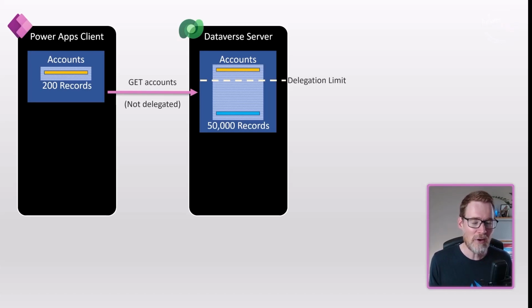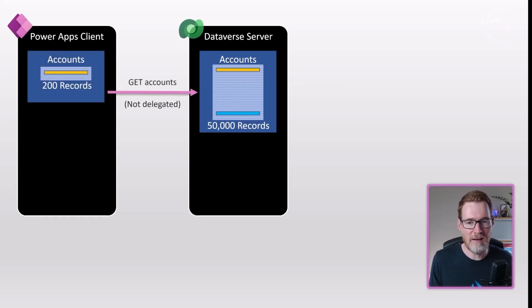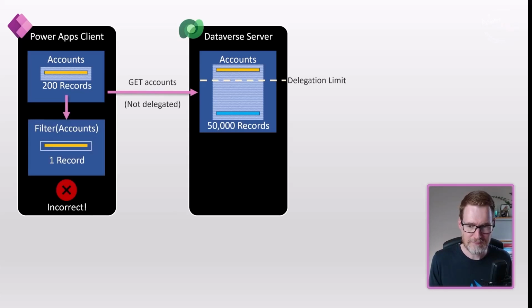So if I'm going to be filtering these records, and I want to filter so that I want this first record and also this second record, so that's my filter happens. What will happen is, because I've only got the first 200 records, I'm not going to get that second record that I need to be able to filter. So any filtering I apply is only going to apply to that first 200 records. So it's going to be incorrect.